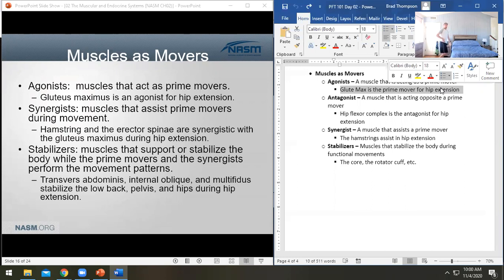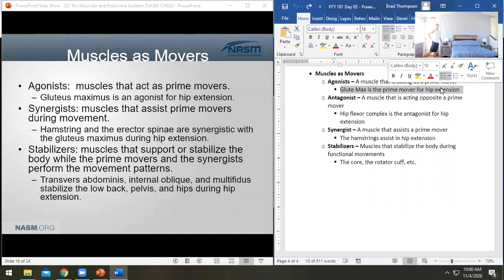This is hip extension. This is hip flexion. So this is the opposite of this. So that's hip flexion, hip extension. So the main muscle here is my prime mover when I'm talking about hip extension.